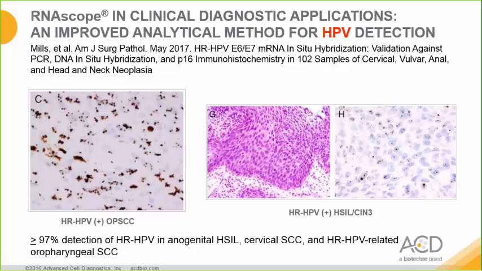The results again show that RNA ISH with RNAscope has high sensitivity and specificity for HR-HPV in head and neck cancers, but now on an automated rather than manual platform. The results also showed high sensitivity, not only in high-risk HPV-related oropharyngeal squamous cell carcinoma, but also greater than or equal to 97% detection for the HR-HPV in anogenital high-grade lesions and cervical squamous cell carcinoma as well.